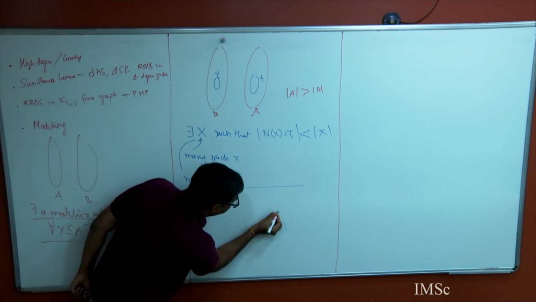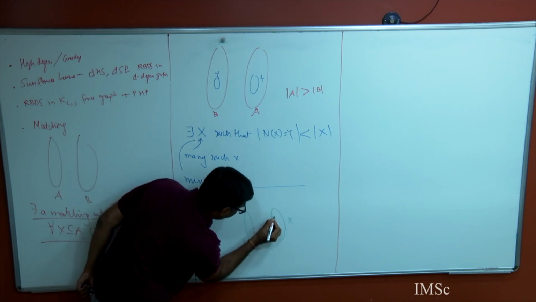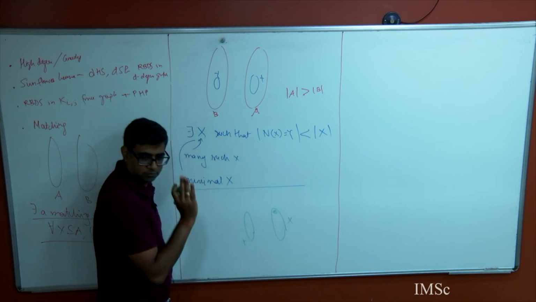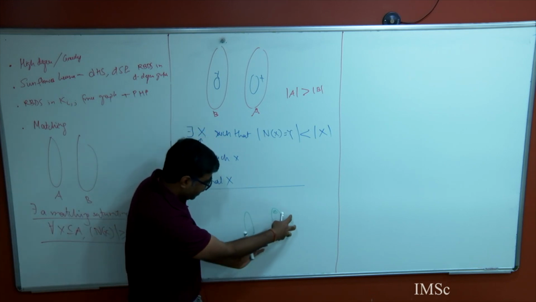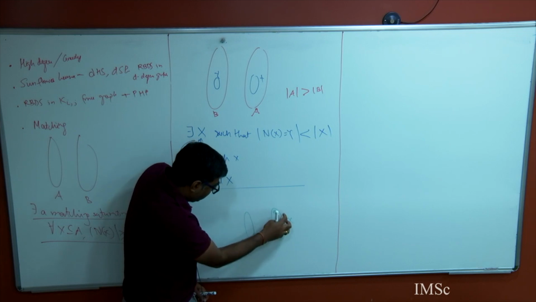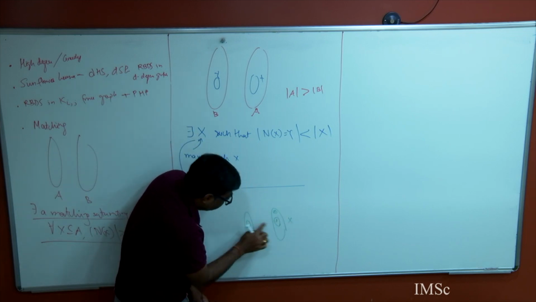So let's zoom here. There is an X, there is a Y. Delete this vertex for now. Now for every subset here, first of all the neighborhood of X is Y, then everybody's neighborhood is here only, right? But for this subset there is a subset of equal size.